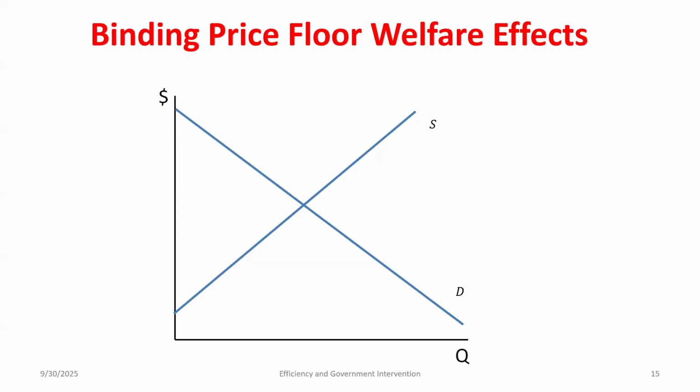Doesn't sound like a good idea to me, but people think of this minimum wage as a great thing, right? Why? Same kind of idea we had with price ceilings. Everybody who keeps their job, their wage went up, they're better off. Producer surplus, workers are now the producers of labor, they're better off. Everybody who lost their job, what does their total surplus go to?